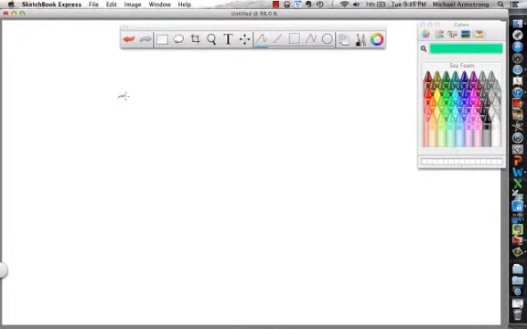Maybe one more complicated. Here is, let's get rid of this color. I'm not sure I like this color. Something a little bolder. 3.025. Now, this is a little different because this is really a mixed number. This is 3 and 25 hundredths.